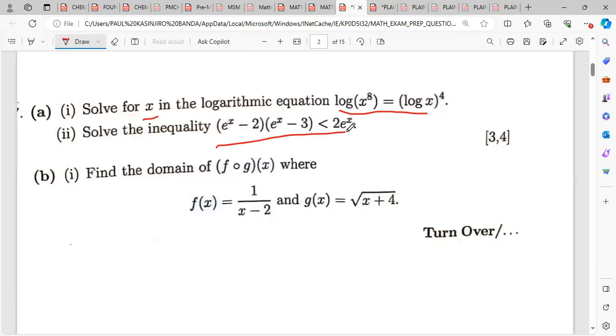Then let's solve this inequality there. Even in that question, we are going to use the let method again.